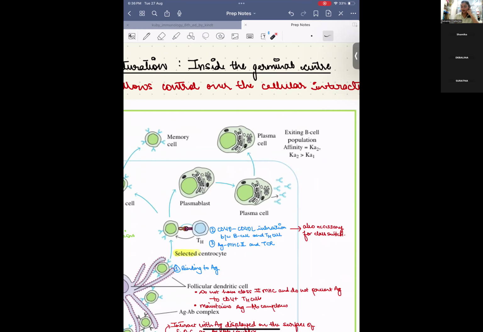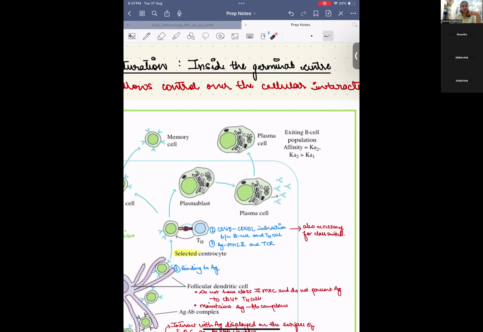In addition to it, class switching, a phenomenon that we will learn about just for your reference right now. So we saw that the initial naive B cell has IgM and IgD molecules bound to its surface. But while we read about the types of antibody molecules, there are 5 antibody molecules.